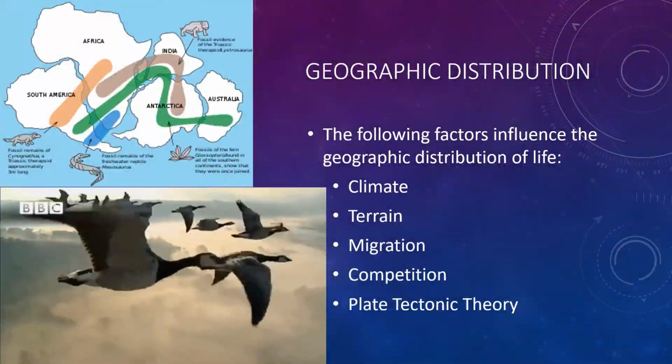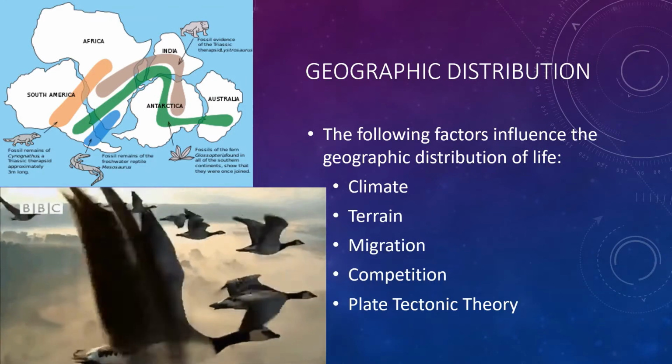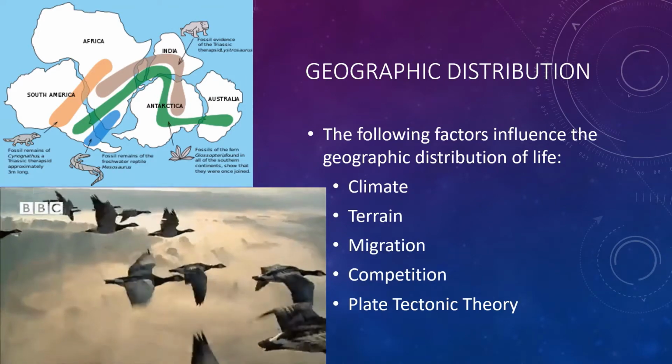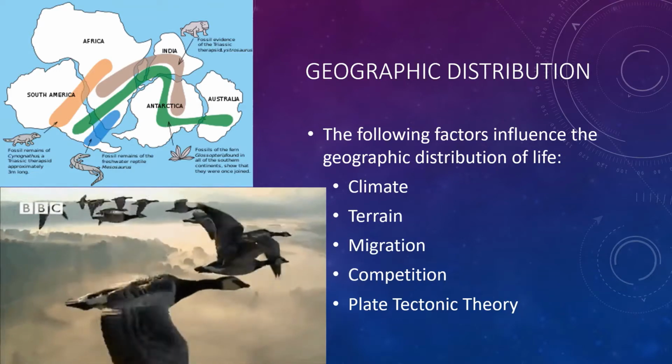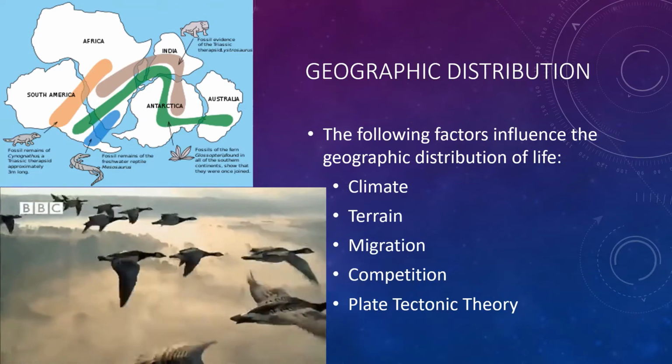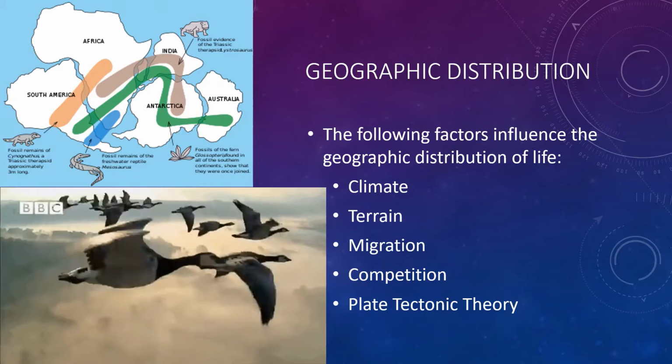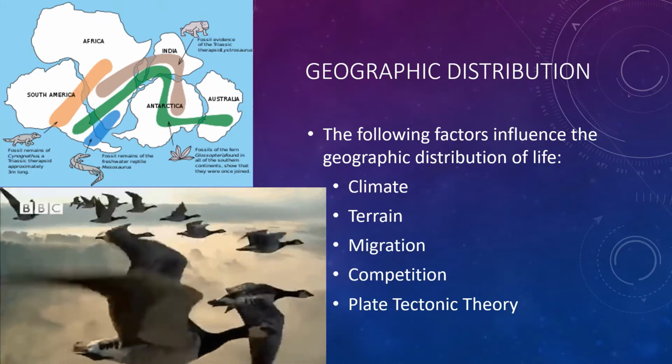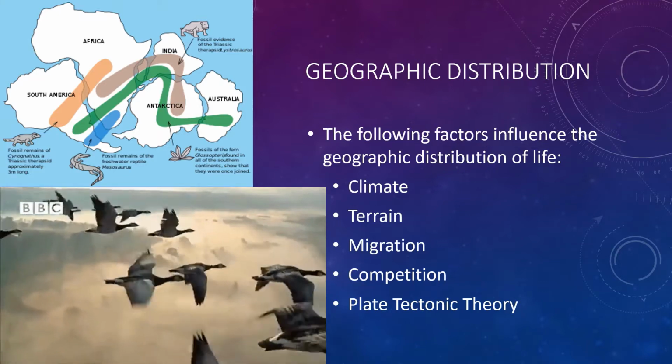So geographic distribution. This is just how life is distributed across the planet. The following factors influence the geographic distribution of life: climate, terrain, migration, competition, and the plate tectonic theory.